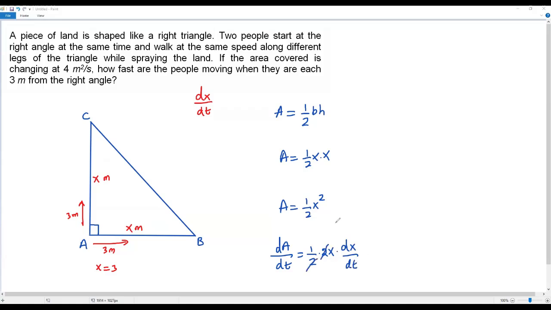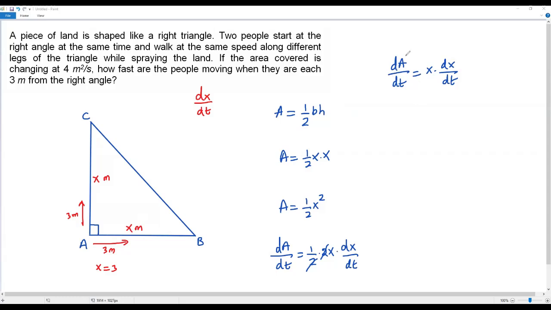This 2 and 2 cancel out, so I get dA over dt equals x times dx over dt. Here dA over dt gives how fast the area is changing, and dx over dt gives how fast the distance covered by the person is changing. That is how fast the people are moving. So we have to find dx over dt when x equals 3 meters, that is when each person is 3 meters away from the right angle.